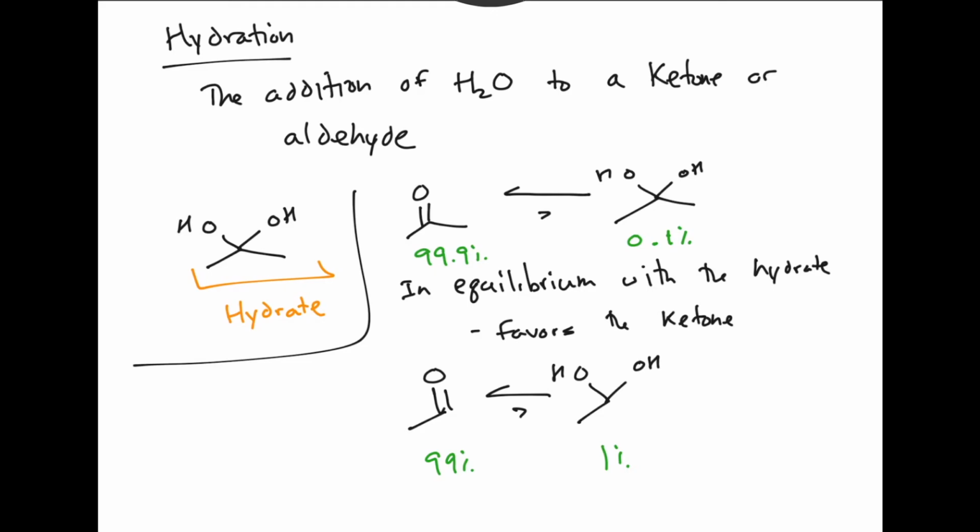If we change the structure of our ketone or aldehyde, we can influence the equilibrium and get more hydrate. The way that we do this most is if you have a ketone or aldehyde and you have an electron withdrawing group at the alpha carbon, right?